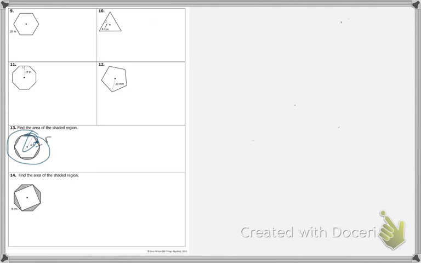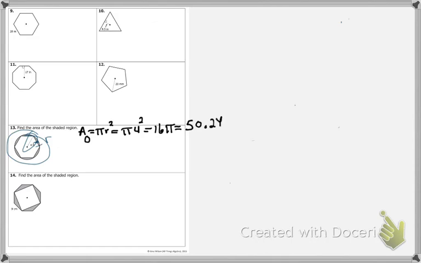So the area of a circle is pi r squared, which is pi 4 squared, which is 16 pi, and I'm asking you to use 3.14, so let's go with that. You can get 50.24. So we got the area of the circle.